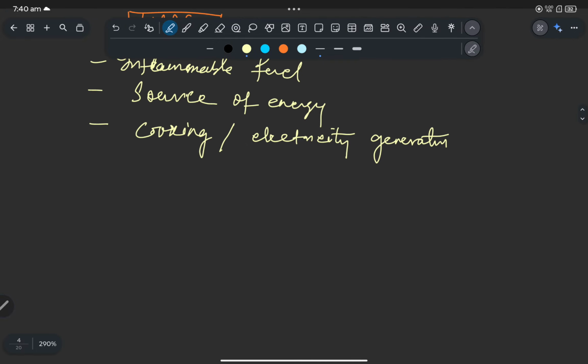Okay, now after the production of the biogas from the sludge, the finally treated effluent, final treated effluent.